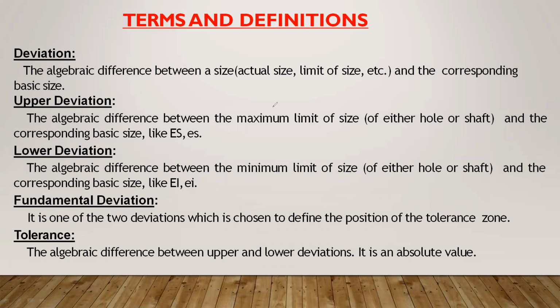For both hole and shaft, we can see the lower deviation as the minimum limit of size, and it can be represented by capital EI for the hole and small ei for the shaft. So capital letters indicate holes and small letters indicate shaft size. That is about the lower deviation of the hole and shaft.